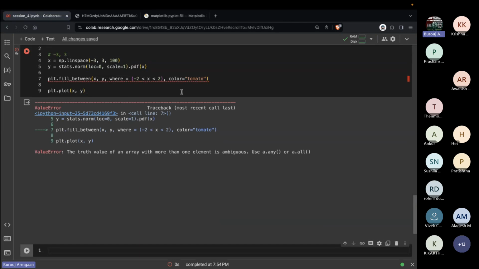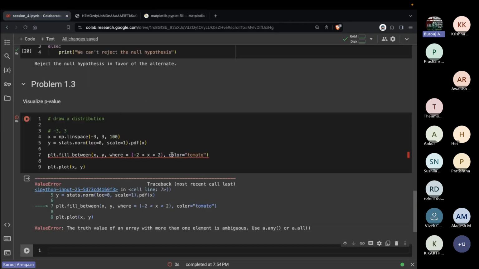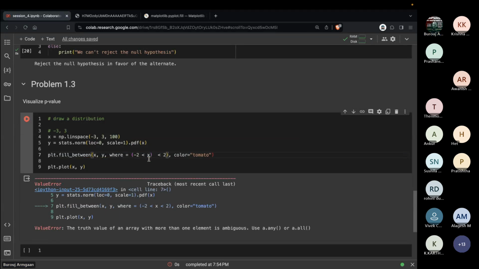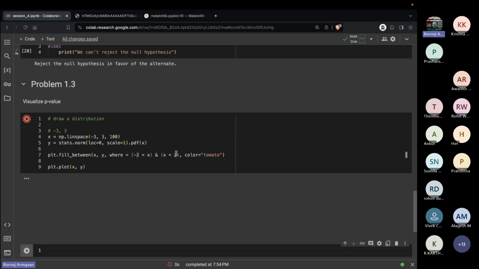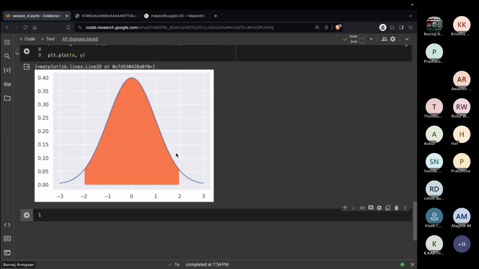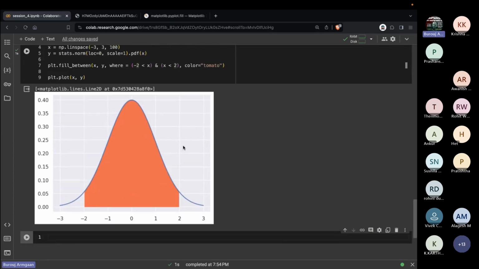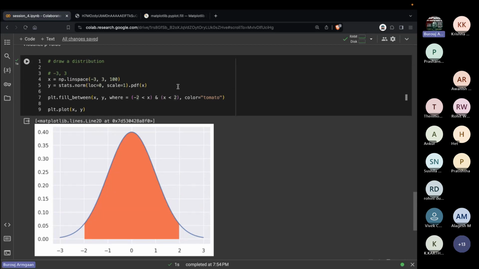This probably will not work. When you supply where, or in case you use an array, you should distribute your conditions into multiple tuples. So you will write x is greater than minus 2, x is less than this. This way you can supply multiple conditions. Okay, any confusion?